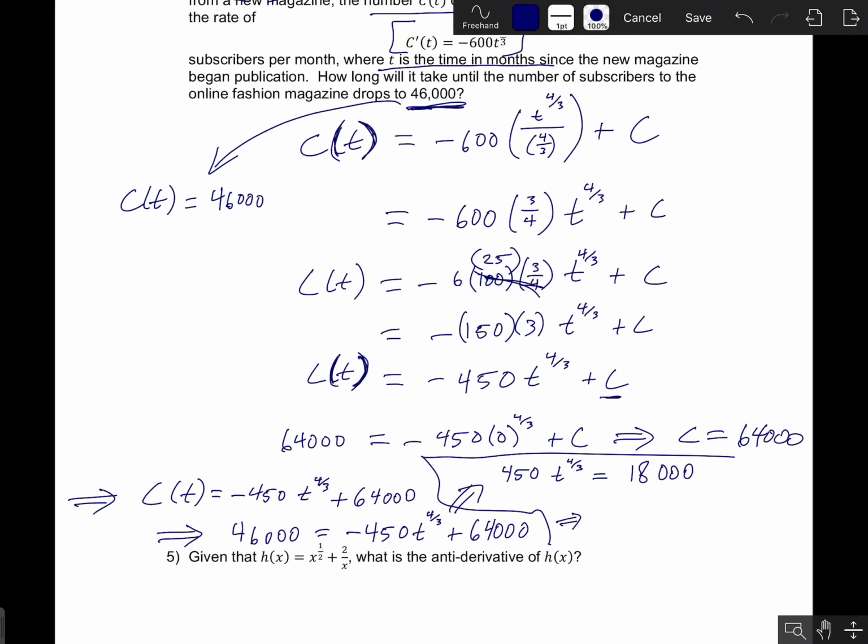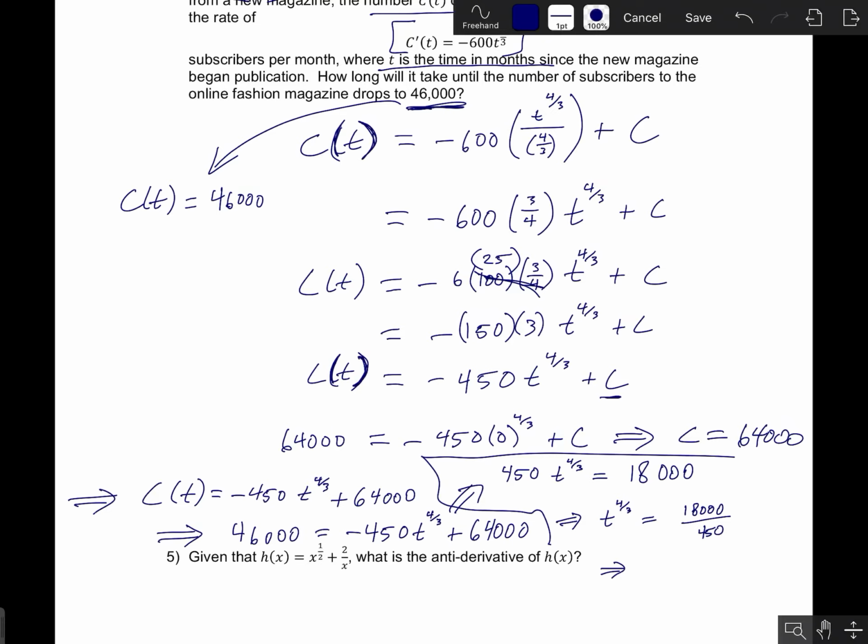And next, we can isolate t. So here division by 450 gives you that t to the 4/3 power is equal to 18 grand divided by 450.